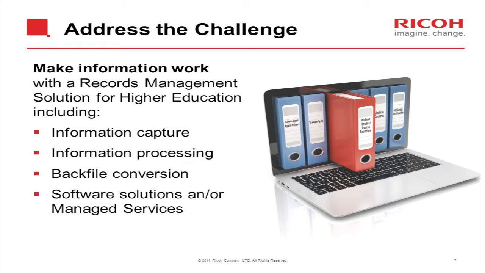The core elements include information capture, information processing, backfile conversion of existing electronic and paper documents, and the flexibility to provide the solution as a software solution alone or as a complete managed service. These core elements advance your ability to capture, integrate, route, and manage data and documents, enhancing information management, information mobility, and student experience at every stage of the student life cycle.